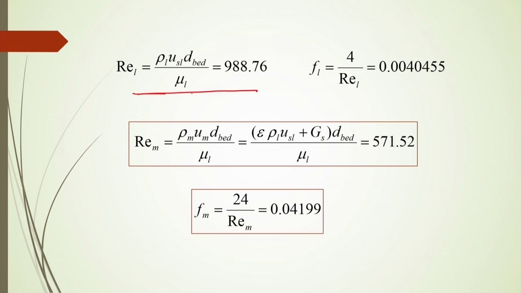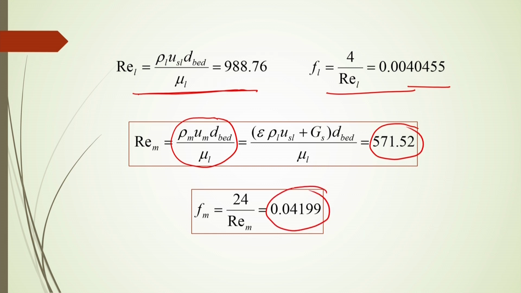So, again Reynolds number for liquid, the friction factor for liquid as per the Fanning equation, and then what is the Reynolds number for the mixer? It will be coming as 571.52. Again the friction factor based on the mixer model, it is coming this one.